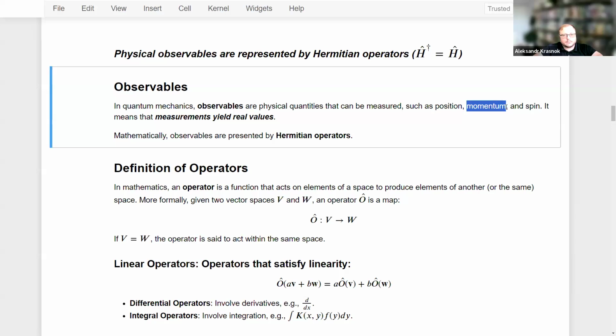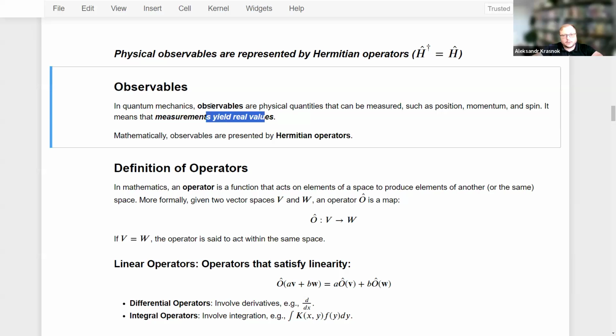I can measure momentum in experiment. Also spin, up or down, it's also measurable. It's also observable. And of course, since we observe, we measure these quantities, their values must be real.